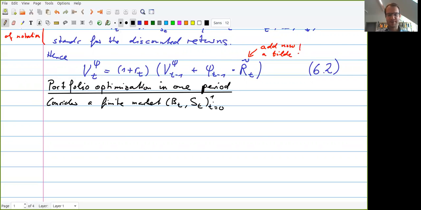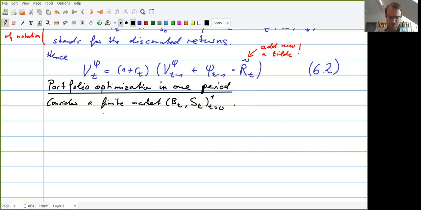So one period is actually a rather natural setting for a private investor deciding what amount she or he wants to invest in different assets. All right, so we have a finite market with one trading period.